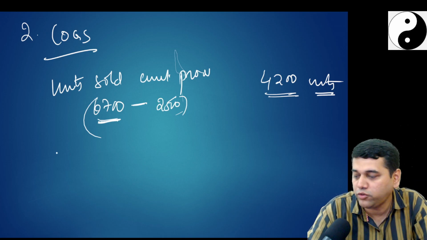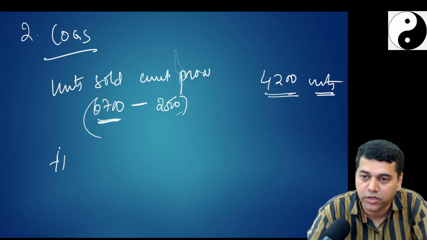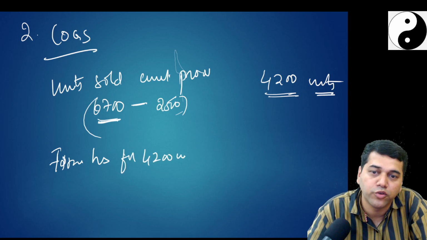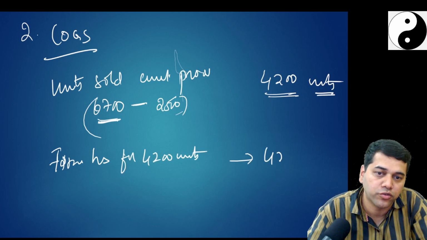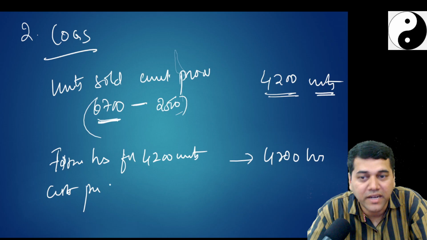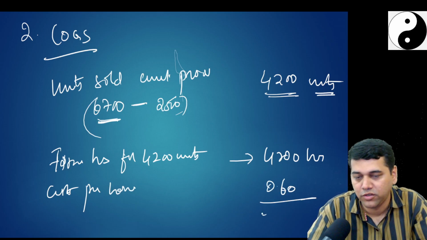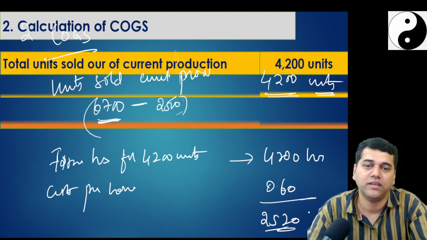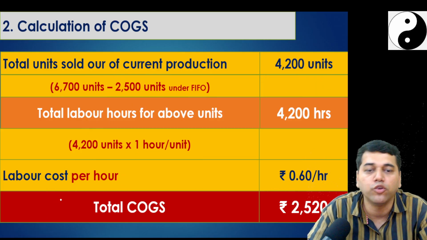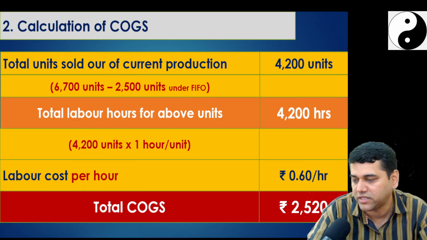So now, what is your total hours for 4200 units? It is 4200 hours. What is your cost per hour? 0.60. So 2520 is what out of the production goes into COGS. I'll give you the breakup. Let us discuss and understand.